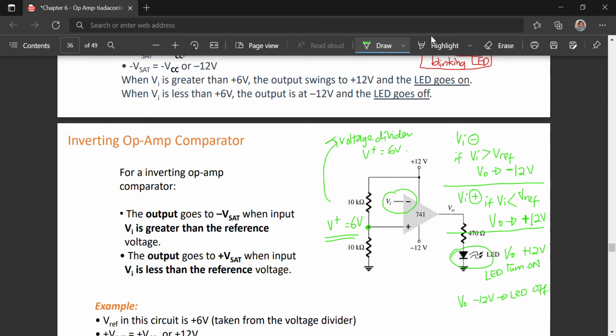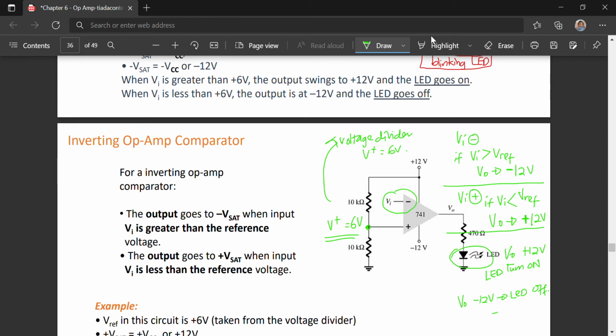So here you can see the difference between both circuits. For this inverting comparator op-amp, when Vin is at the positive cycle, the Vout will be negative and the LED is turned off.